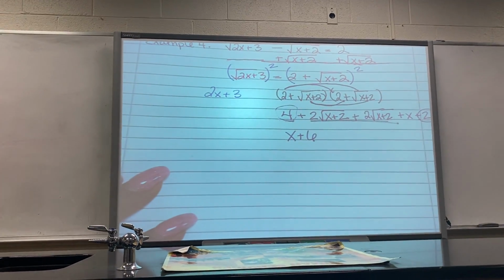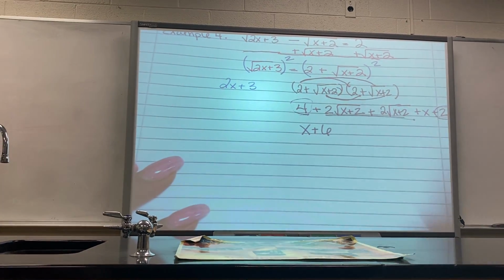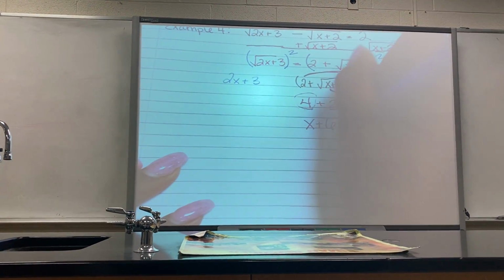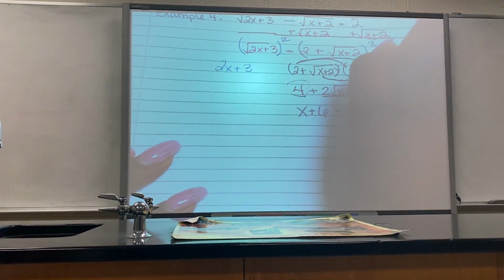Then if I combine my 2 like terms in the middle, that is 4 root x plus 2.